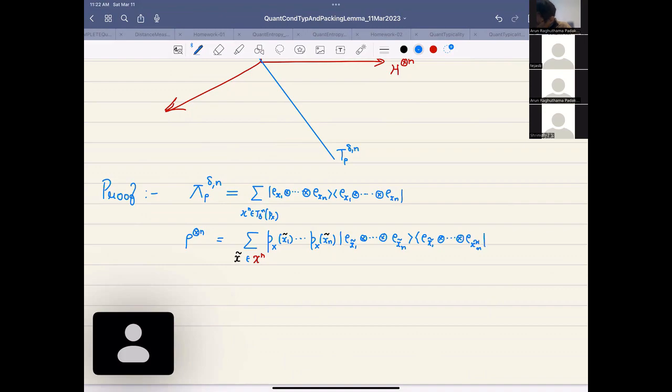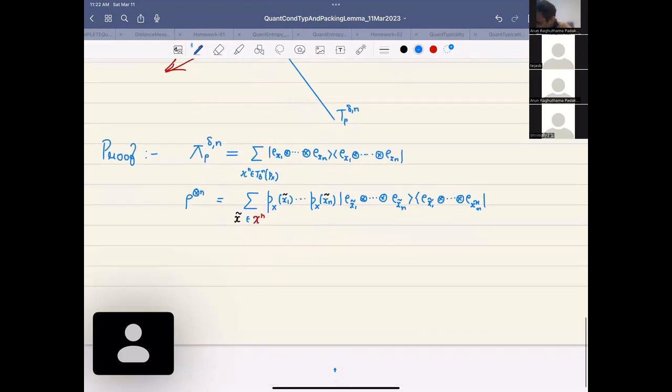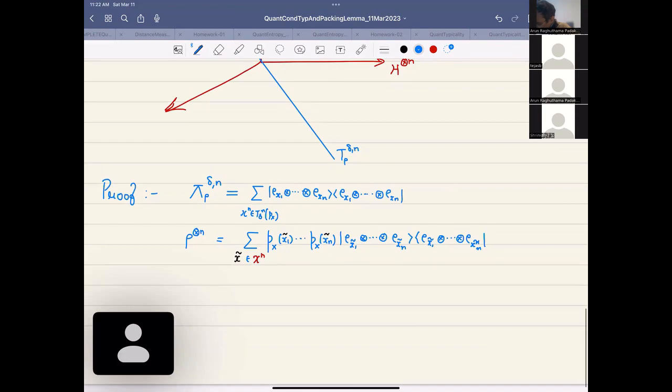Now when I multiply these two, what do I get? Remember the thing I mentioned previously. Pi rho delta n times rho tensor n. It must be obvious, but just for completeness, I'm doing this.